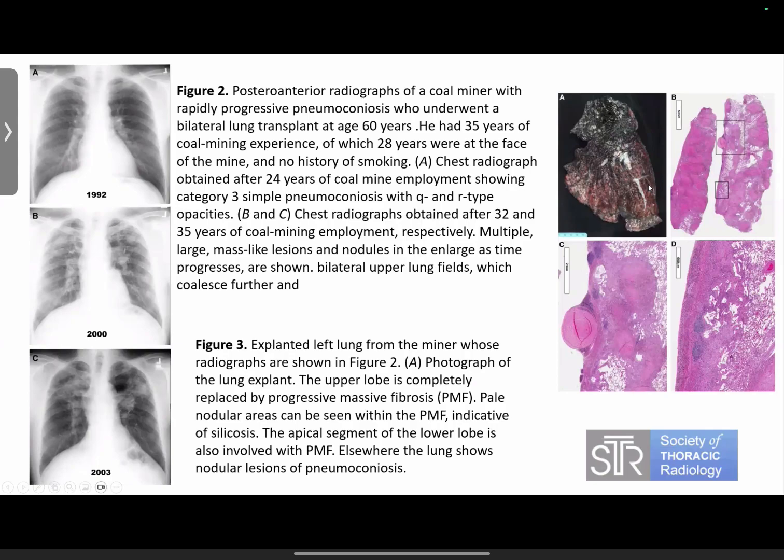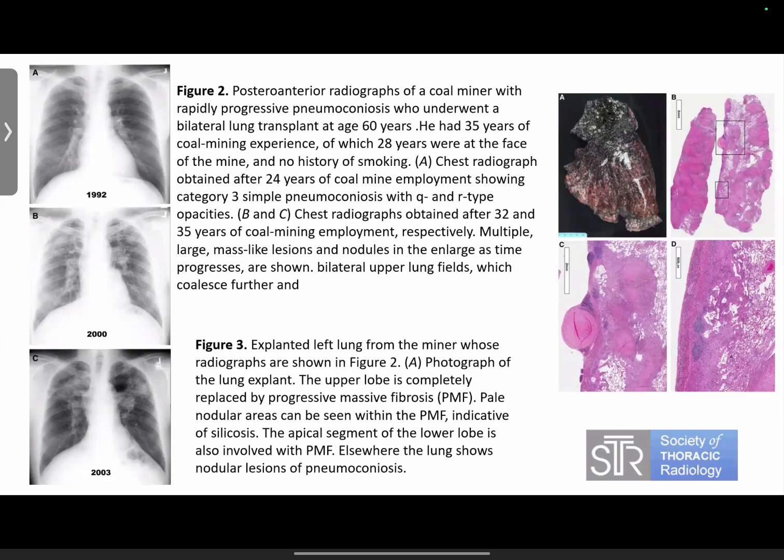This gentleman underwent bilateral lung transplant at the age of 60. He had 35 years of coal mining experience, and he had no history of smoking. After 24 years of coal mine employment, he showed category 3 pneumoconiosis with Q and R type opacities, and that is according to the grading system, and we will get to that later on in the lecture, about the very complex grading systems that they have for these diseases.